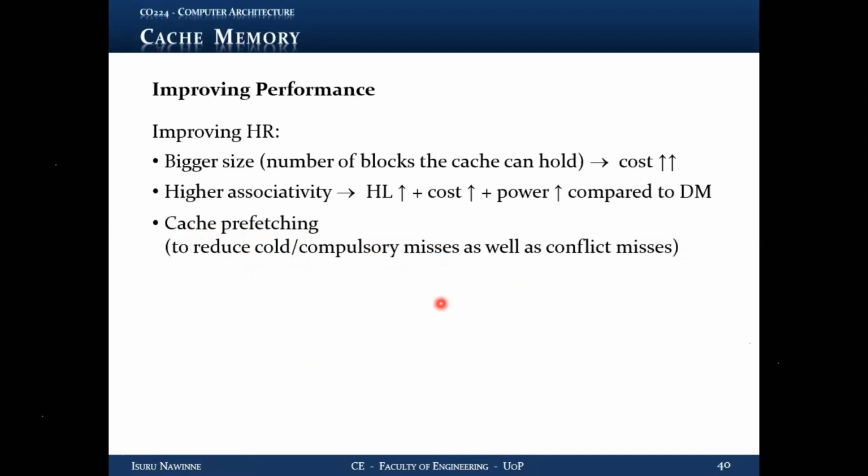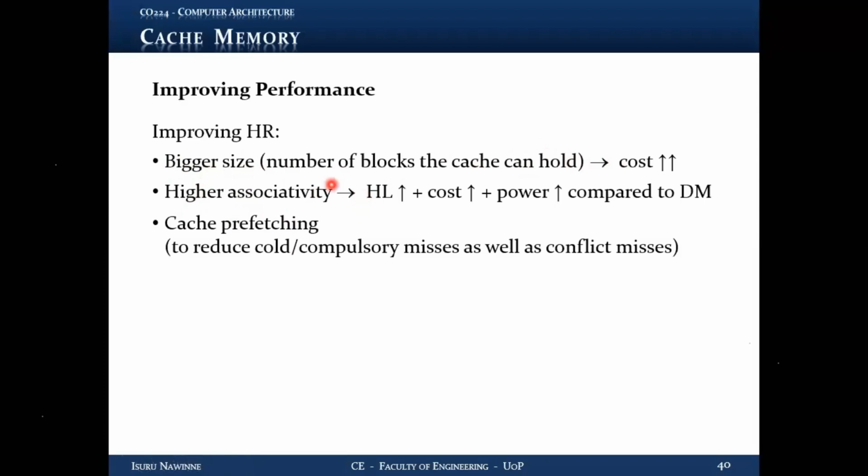So those are some of the various techniques that you can use to improve the hit rate. The primary thing is associativity. Bigger size, of course, is the most intuitive one, but it has a limit. Once that size is decided, the associativity configures the cache.